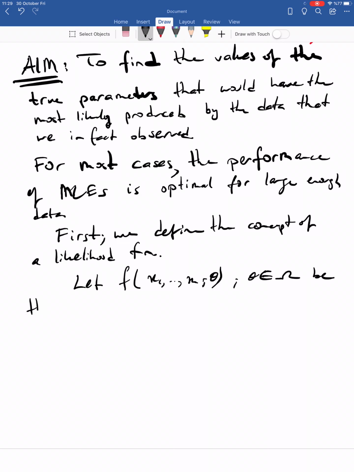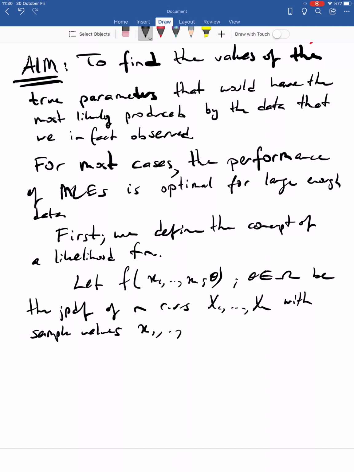Let it be the PDF or the joint PDF of n random variables x1 to xn with sample values lowercase x1 to xn.